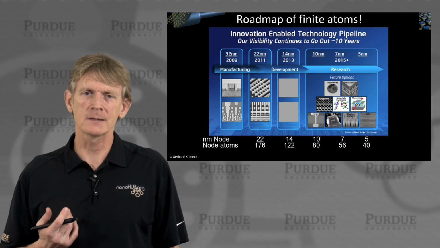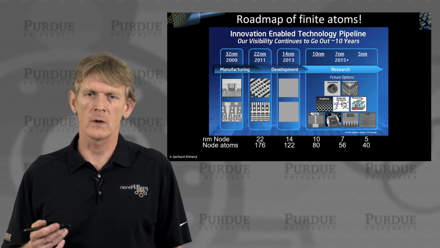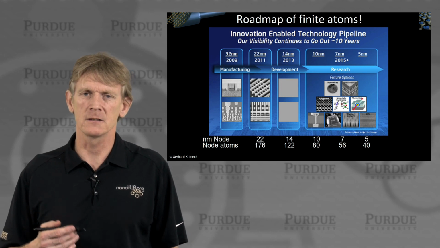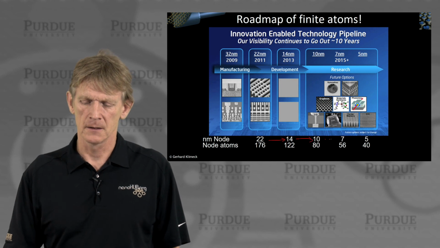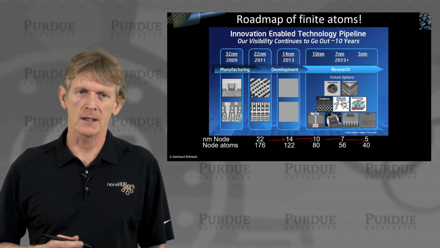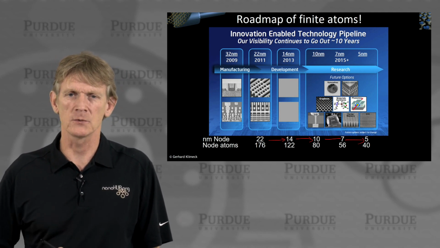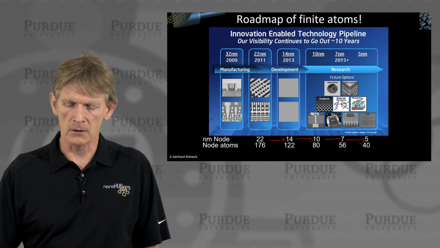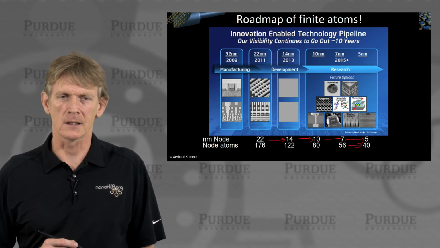So let me translate these nanometer nodes. That's in a way a description of the technology development. You go from 22 nanometers to 14, to 10, 7, 5. If we roughly calculate how many atoms that corresponds to as a chain of atoms in one dimension, you're going down to tens of atoms being the nominal gate length.